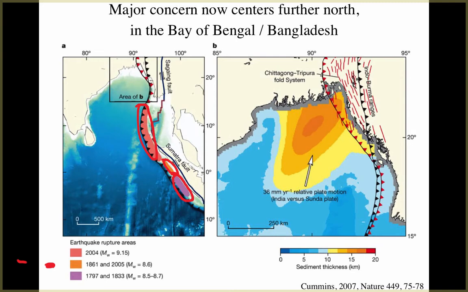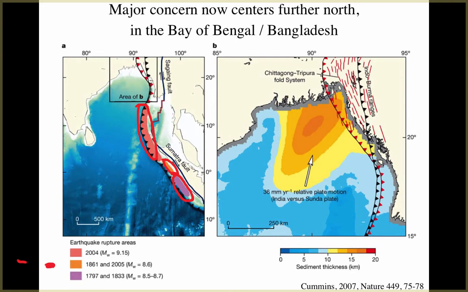No seismicity has been recorded in the northern part of the Indian Ocean, where the same subduction zone extends northwards into Bangladesh and beneath Burma. And so this area is now the one that people have great concern for in terms of future seismicity.